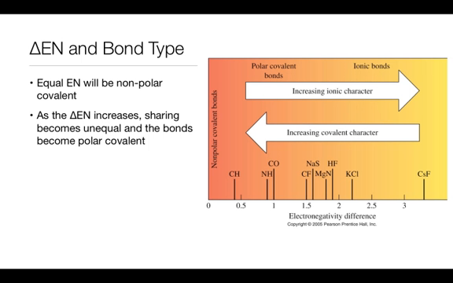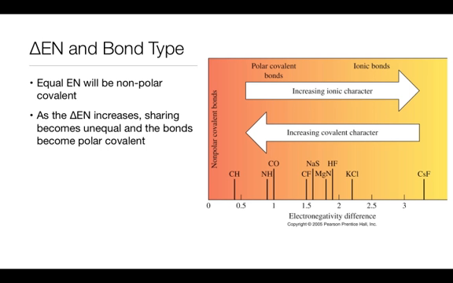But if the electronegativity difference is extremely small, we can essentially say that they're nonpolar. As electronegativity differences increase, the sharing of electrons becomes unequal. This is because electronegativity is a measure of how well atoms attract electrons, so if there is a difference, one atom is going to be attracting the electrons more strongly than the other.